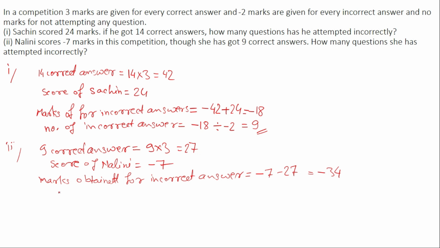Now marks given for one incorrect answer is minus 2 as it is given in the question itself. So the number of incorrect answers is equal to minus 34 divided by minus 2, that means 17.